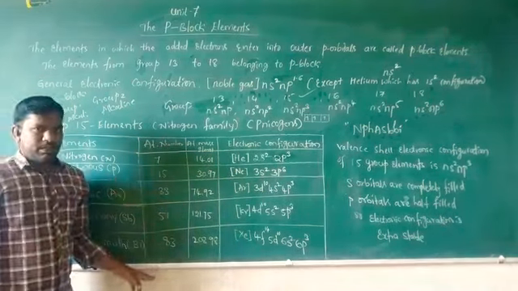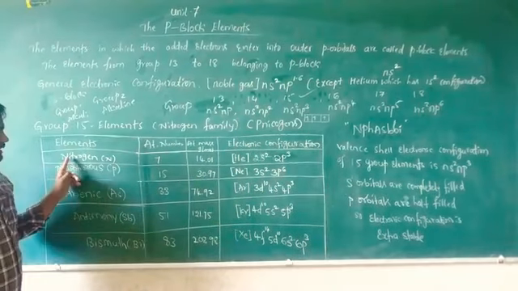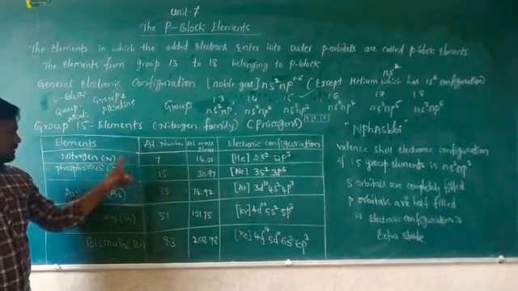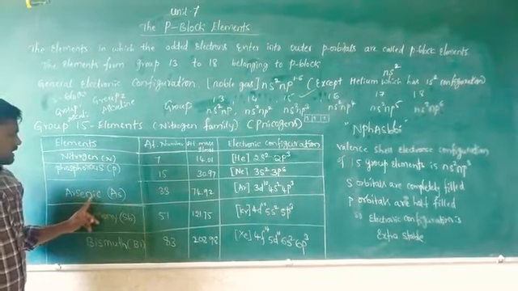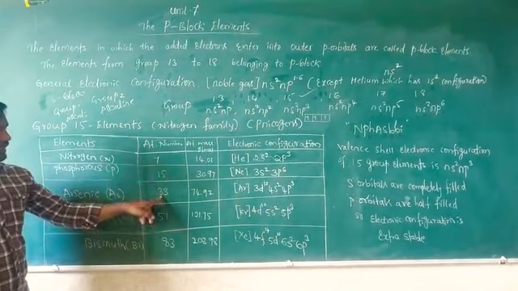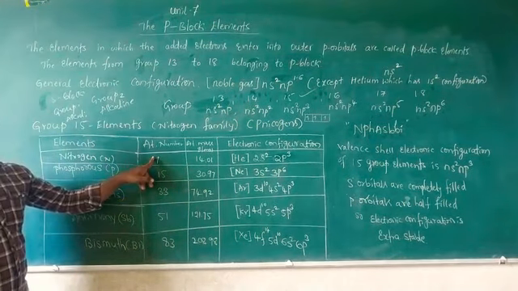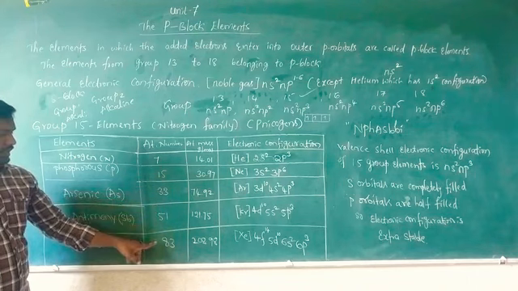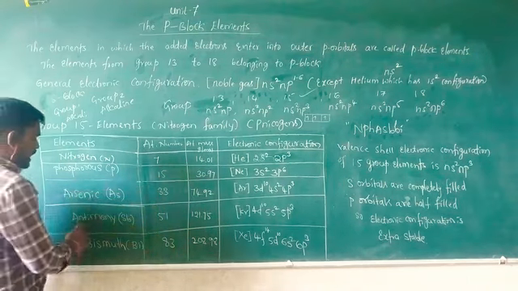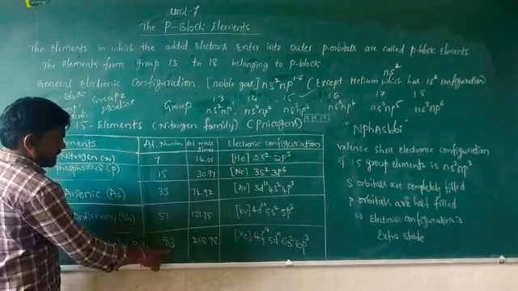The atomic numbers of the group 15 elements: nitrogen 7, phosphorus 15, arsenic 33, in period 2, period 3, period 4, then period 5 and 6: antimony 51, bismuth 83.